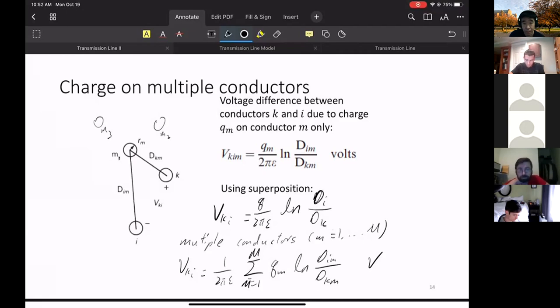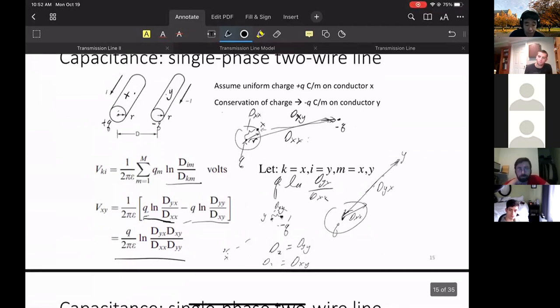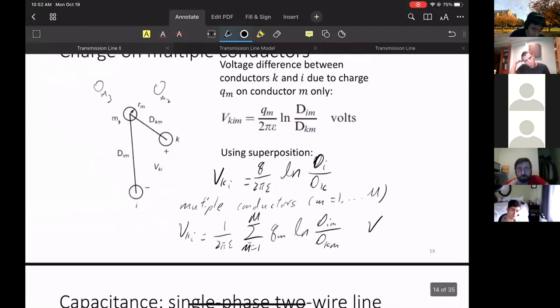Can I go down one more slide? For this one, which is the k and which is the i, in terms of x and y? Right, so k is x, i is y. And m is the number of conductors we have.